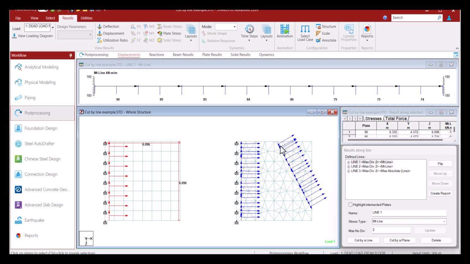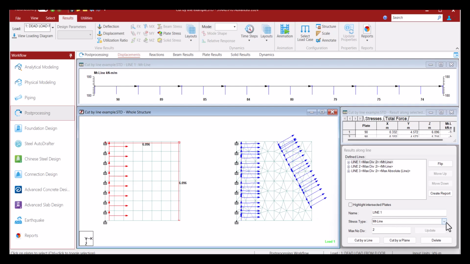So what it does, if you see here, it has passed through this element, then this one, and it's kept on going like this. So for every element, there is an individual local axis orientation, and the program would resolve it along this drawn line automatically.